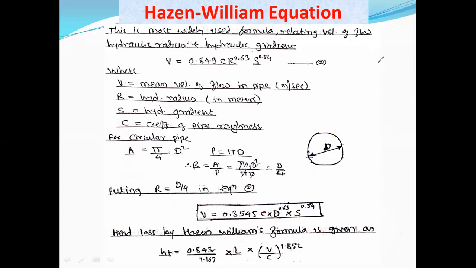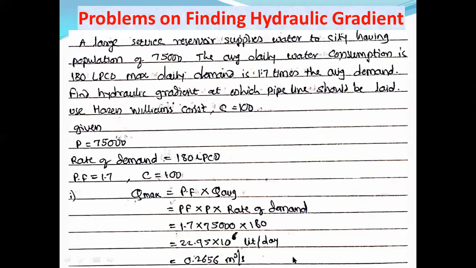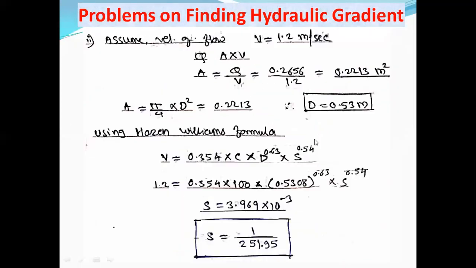So that can be done, but before that let me know what is the value of diameter you got. Have you solved this? Are you solving? By taking the velocity v equal to 1.2 meter per second, what value of diameter did you get? 0.5308.